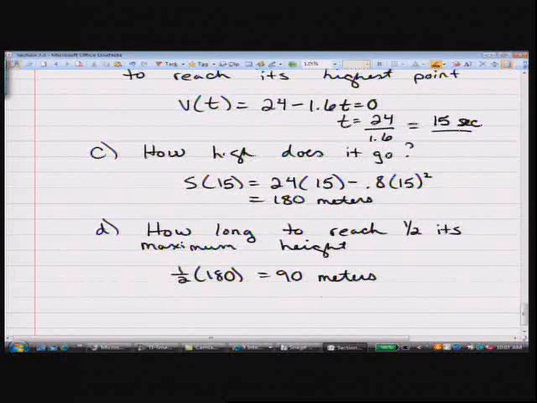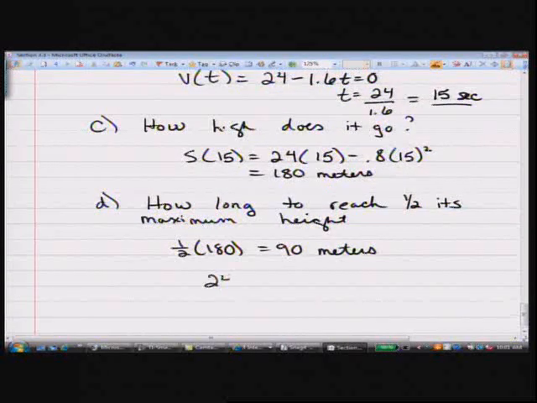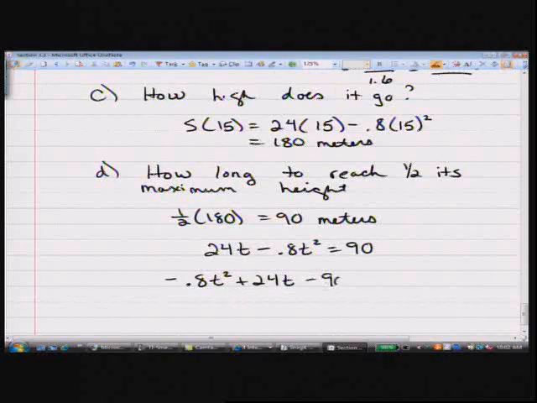Would you set that to the velocity, or would you set the main equation equal to 90? Yeah, you have to use the position equation, because this particular question doesn't have anything to do with the velocity. So you're going to have 24t minus 0.8t squared equals 90. And then you can solve this a variety of ways. I'm going to put it in order: negative 0.8t squared plus 24t minus 90 equals 0. And so how will we solve that?